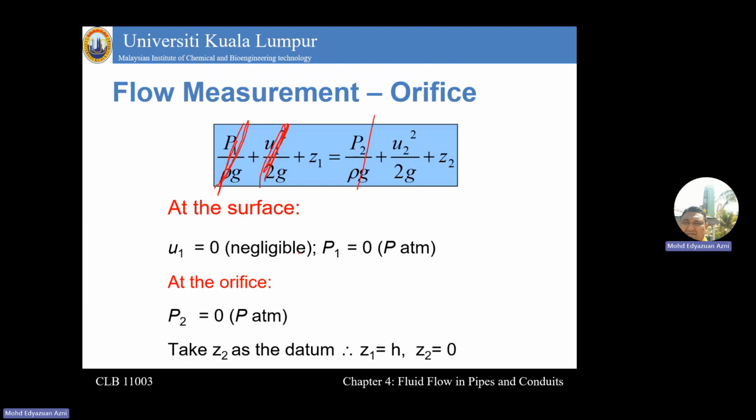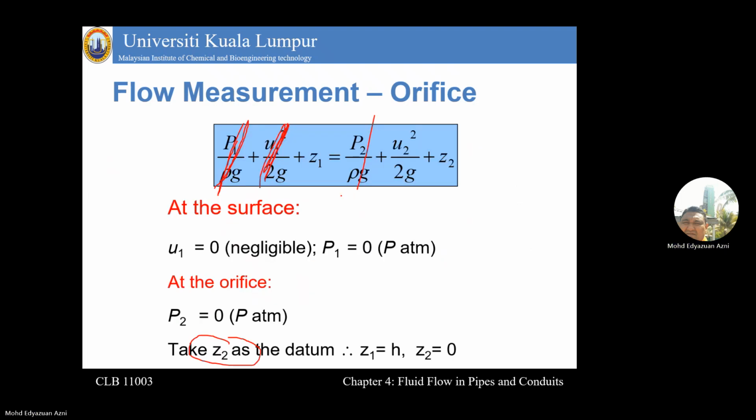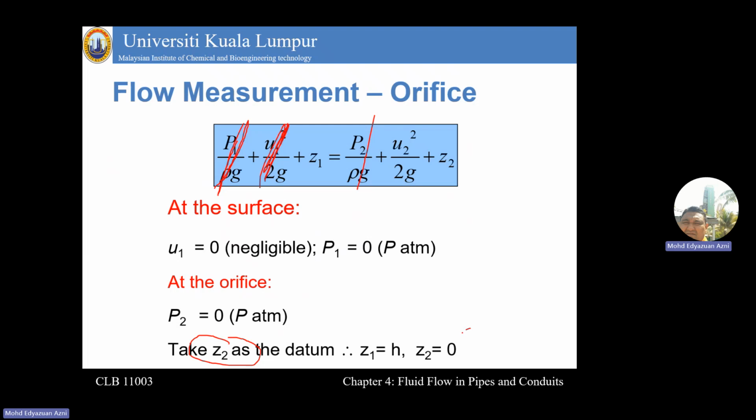So they have values. Usually we take Z2 as the datum, the reference plane, so we say that at point 2 it is 0. And then we have some elevation right here, so this is Z1 and it has a value. But because we are using Z2 as the reference plane, Z2 is 0, so we take out Z2.